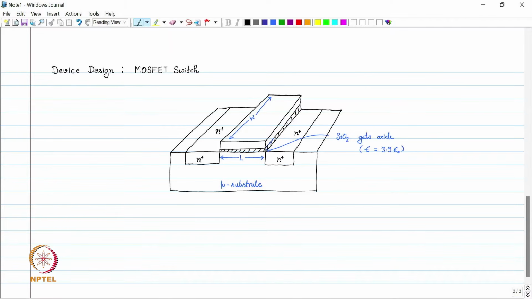This is also N plus. So this is a typical structure of a MOSFET. MOSFET is a basic switch which we fabricate on silicon.